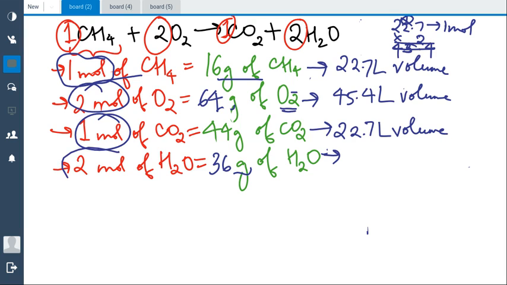Here 2 moles will occupy 45.4 liters. Okay.